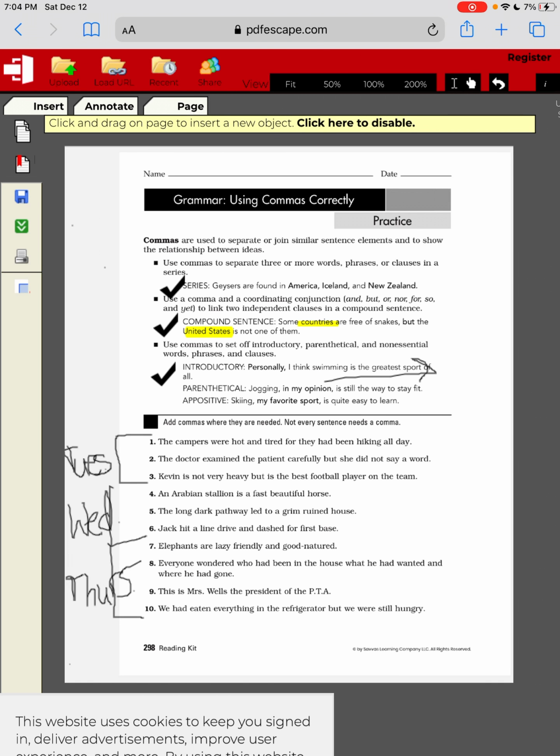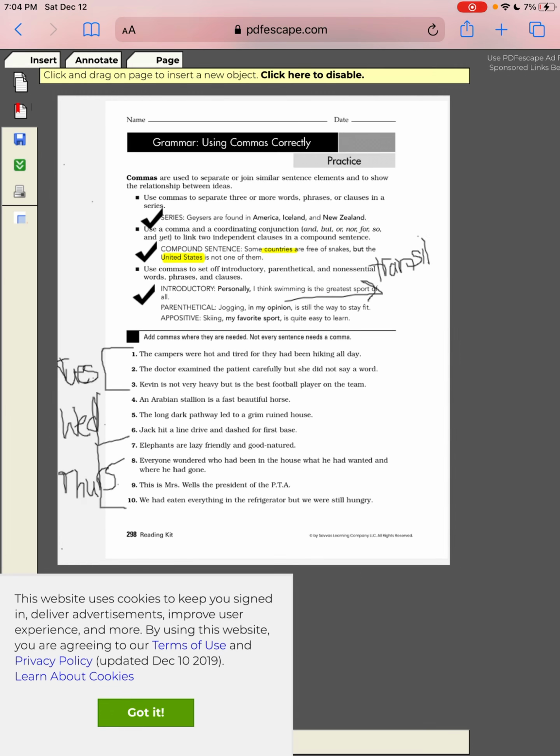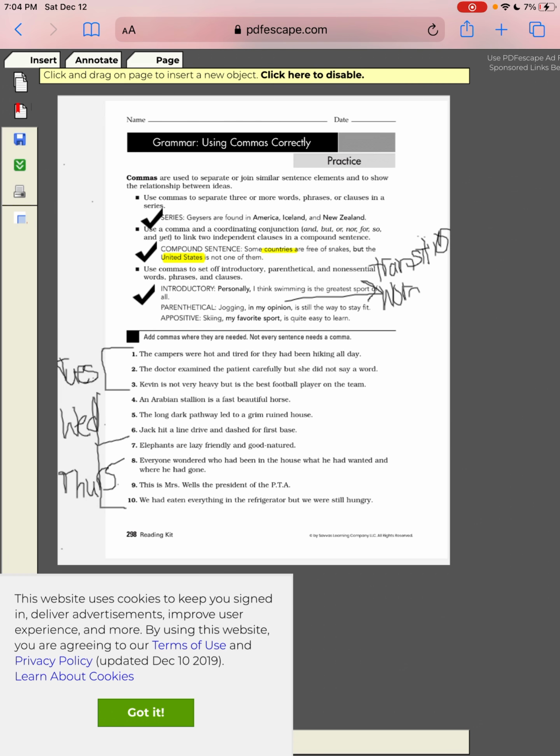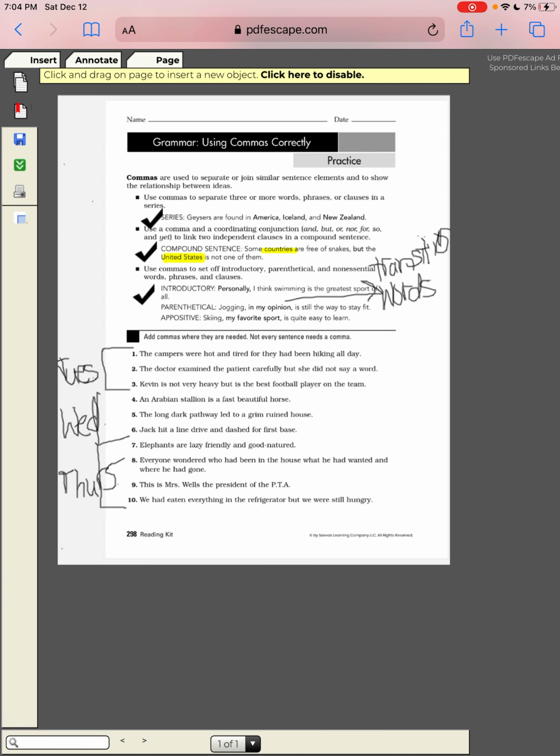Parenthetical is a more complicated word for transition words. Jogging, in my opinion, is still the way to stay fit.